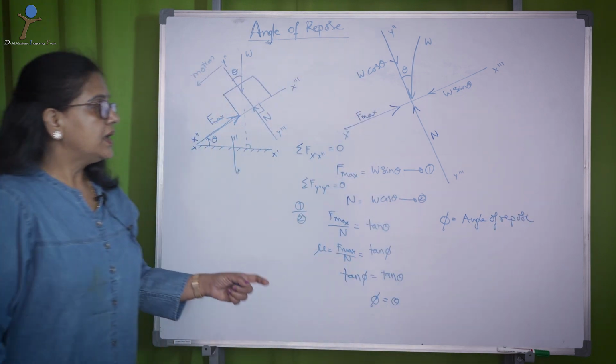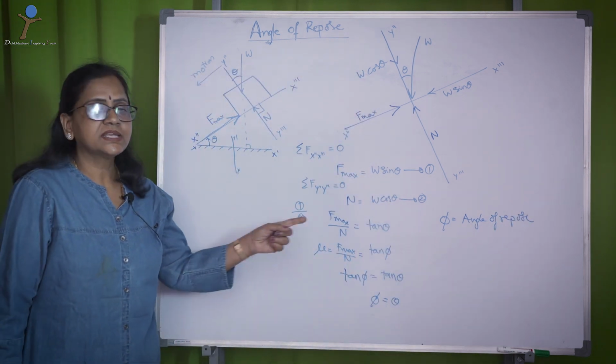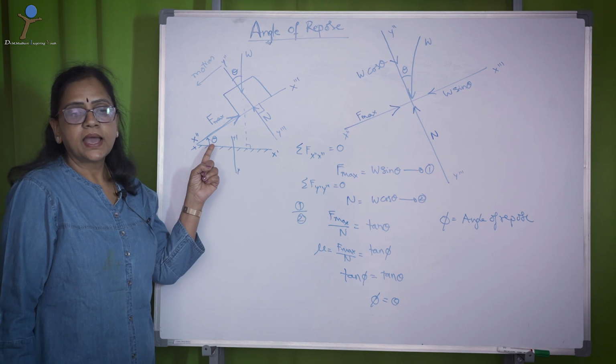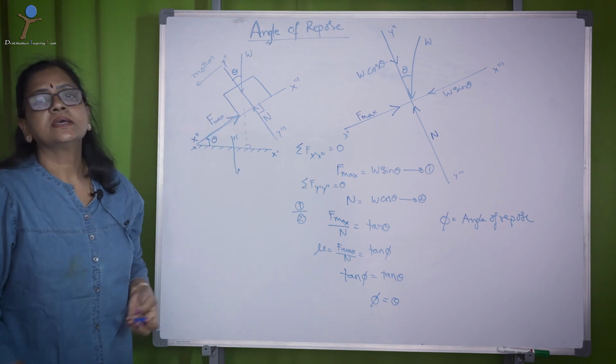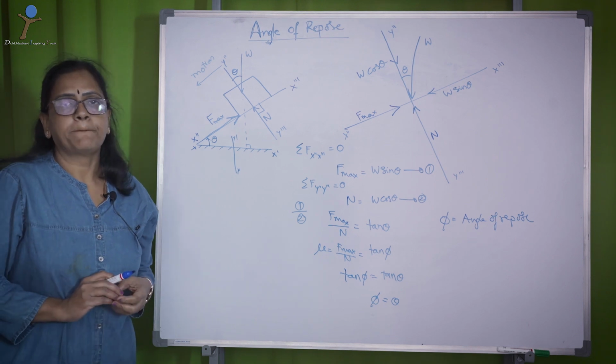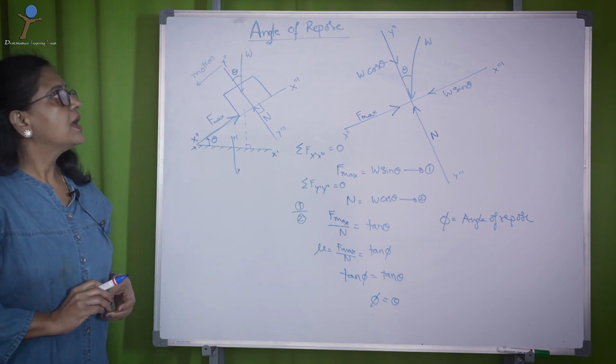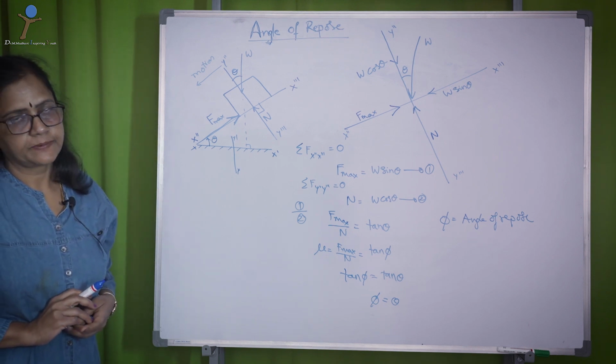So, when the friction angle of repose is equal to the angle of inclination, the body starts its impending motion. This is what is called the angle of repose.